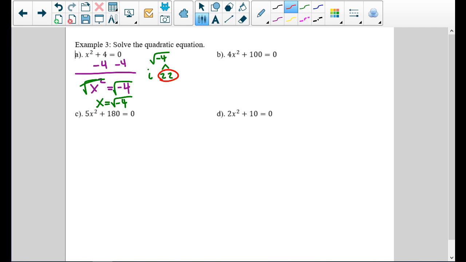Well, there's my pair. So x equals positive or negative 2i. And there's my two solutions, positive 2i and negative 2i. So anytime we take that square root, it's going to be that positive and negative answer.